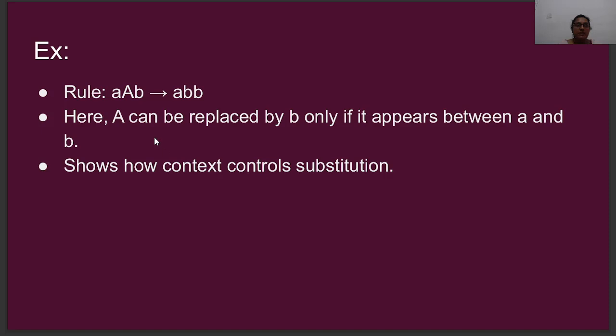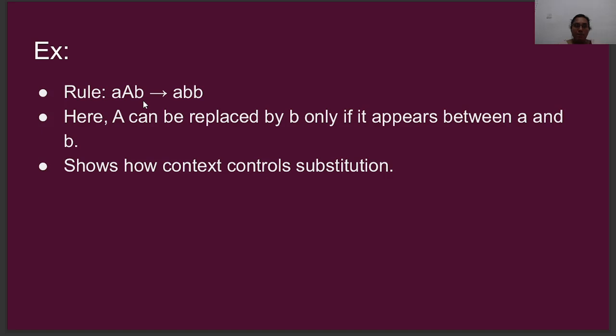For example, if we have a rule, small a, capital A, capital B gives you small a, small b, then here it means that capital A can be replaced by small b only if the left-hand side of capital A is small a and the right-hand side of capital A is small b.